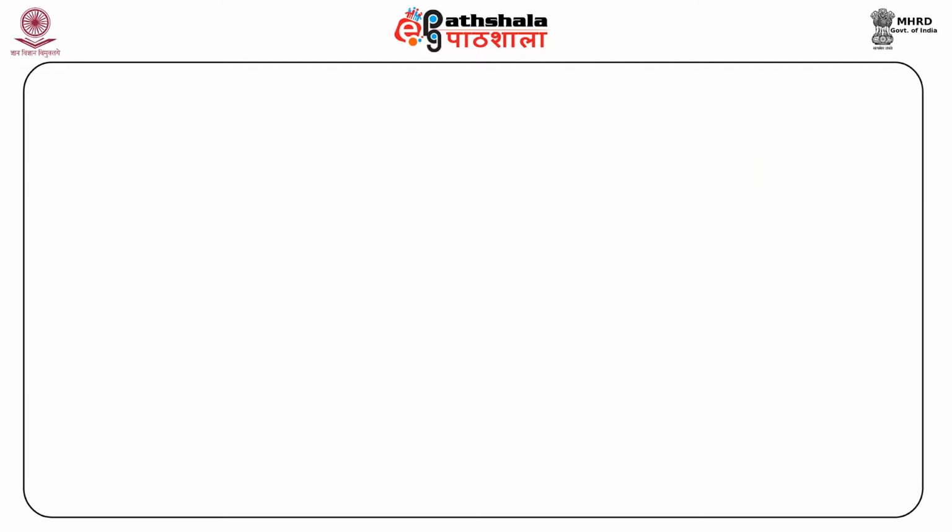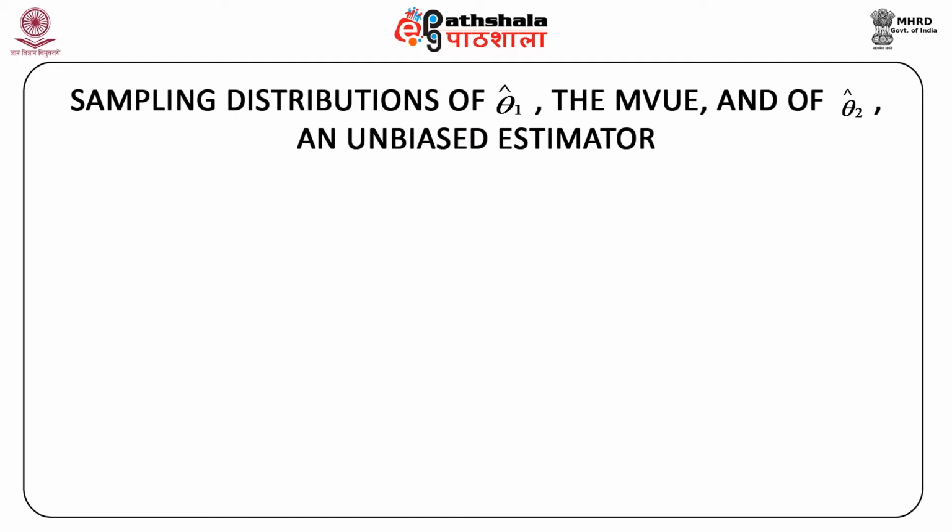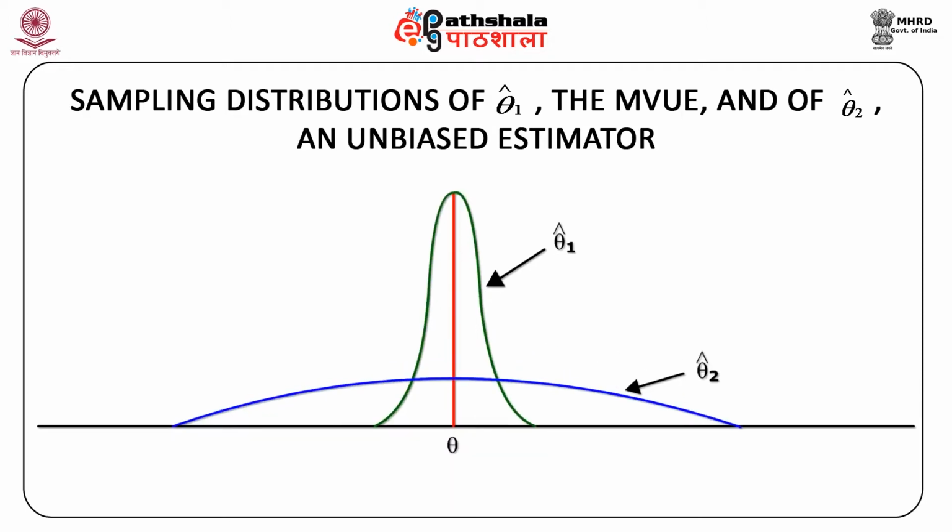Suppose theta 1 and theta 2 are both unbiased estimators of the parameter theta. The sampling distributions of the two estimators will both be centered at the true value of theta, since expected value of theta 1 hat is equal to theta and expected value of theta 2 hat is also equal to theta.